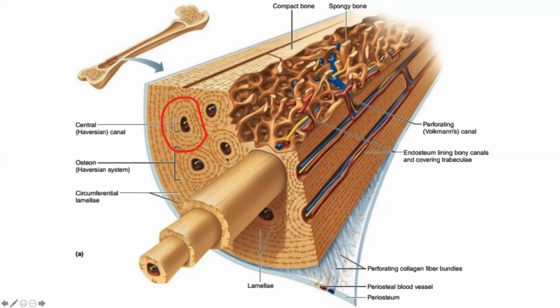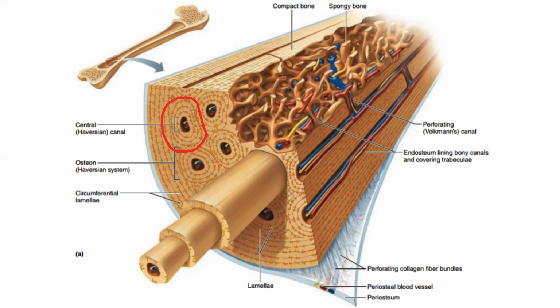And if you look carefully in between the osteons, you can see these circular fibers. They are interstitial lamellae. And all these osteons are packed with another form of lamellae, which is called circumferential lamellae.